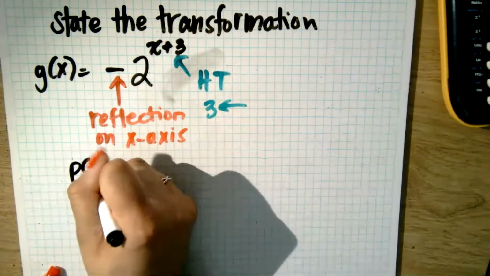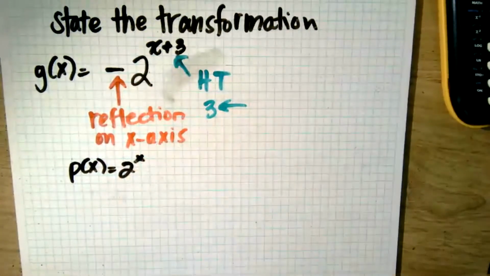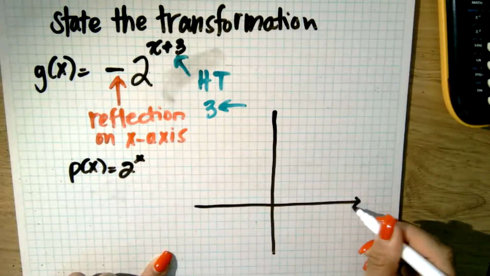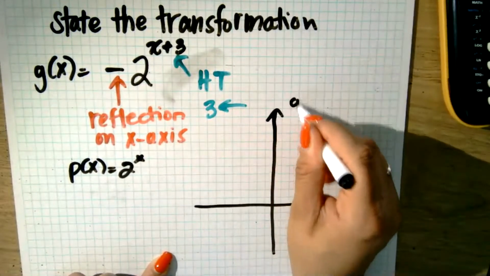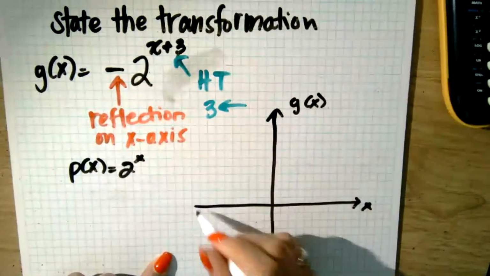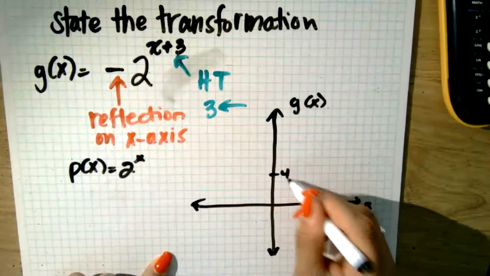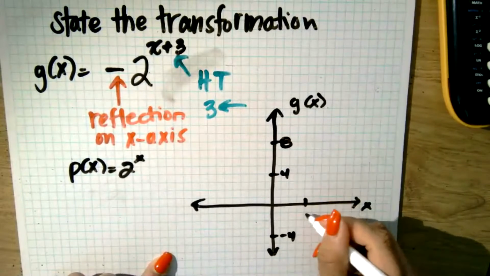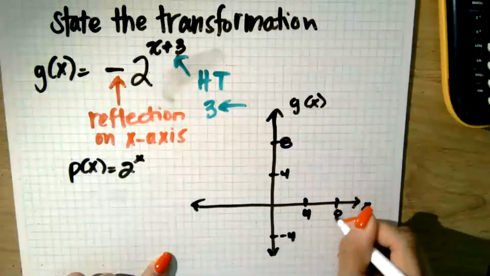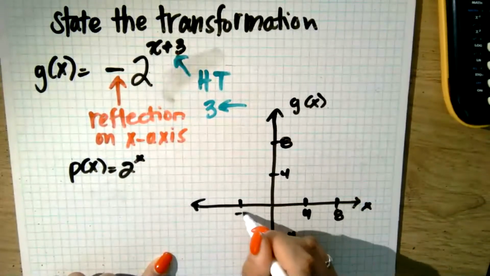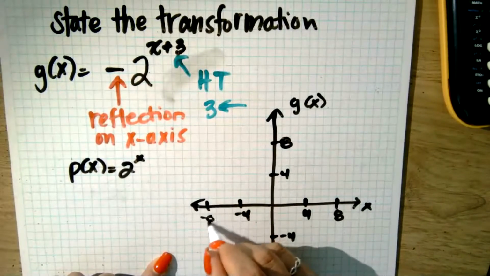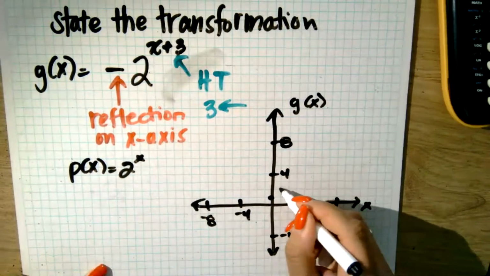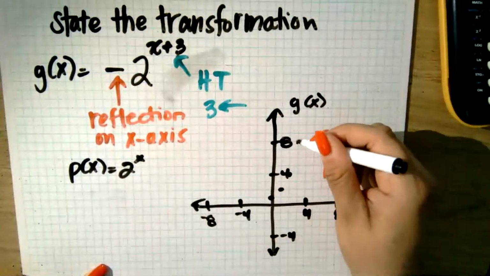Okay, let's see what that graph looks like. Again, my basic function is just 2 to the x. That's the one I'm going to compare against. 0 corresponds to 1, 1 corresponds to 2, 2 to 4, 3 to 8.